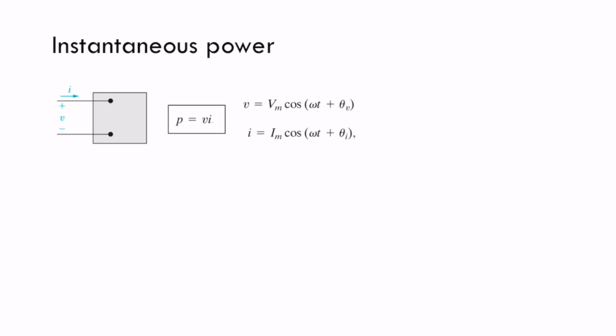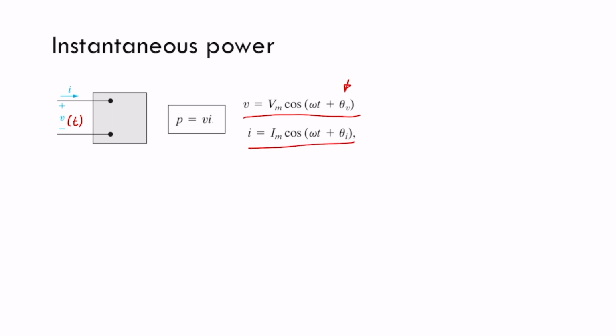So let's assume that we have sinusoidal waves for both of them. The voltage is represented like this. I will call theta V the phase angle related to this voltage. This is the signal of the voltage, which is dependent on t.